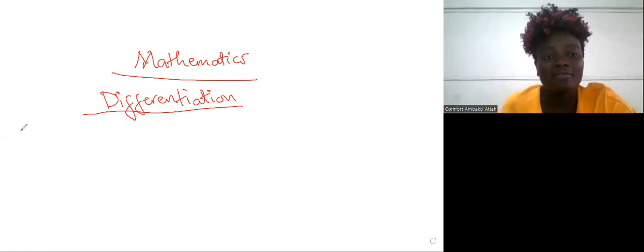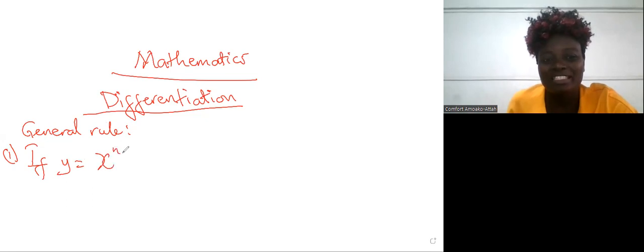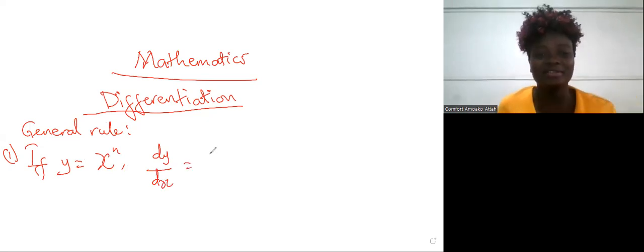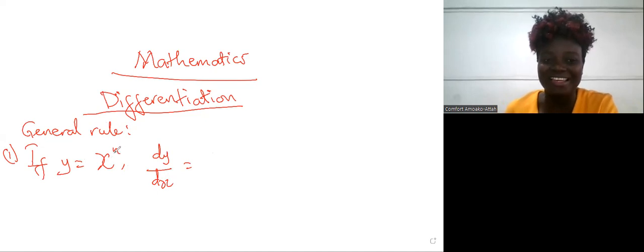The first I have here is the general rule. The general rule is: if y is equal to x exponent n, then dy/dx is going to be n x exponent n minus 1.